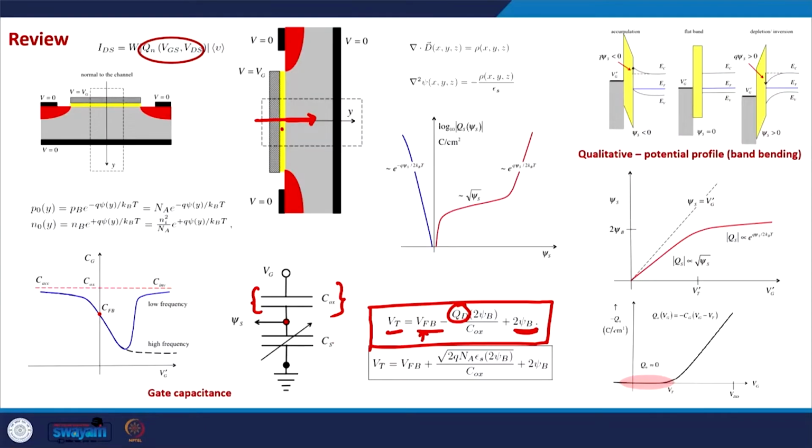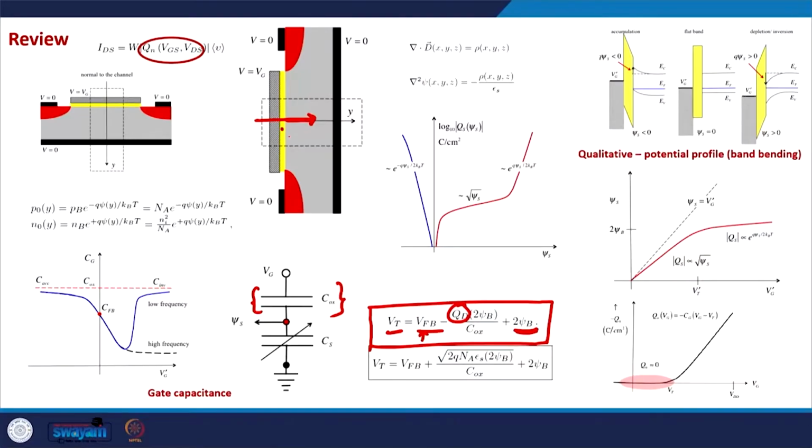When the psi s value is positive, first the depletion region appears where the depletion capacitance comes into picture, and then the inversion layer comes up, and by considering the inversion layer as well, we realize that the semiconductor becomes like a metallic plate, and in that case the capacitance changes as compared to the depletion capacitance.